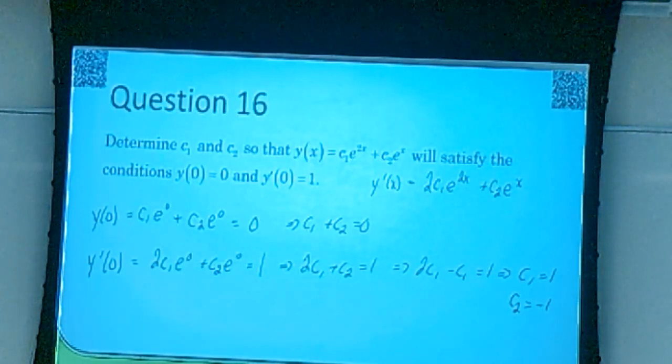And as we'll see when we start solving differential equations, the first step in solving an initial value problem is to find the general solution. And then it's just this, to find your coefficients.